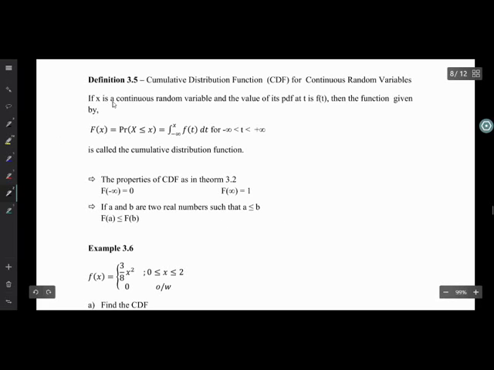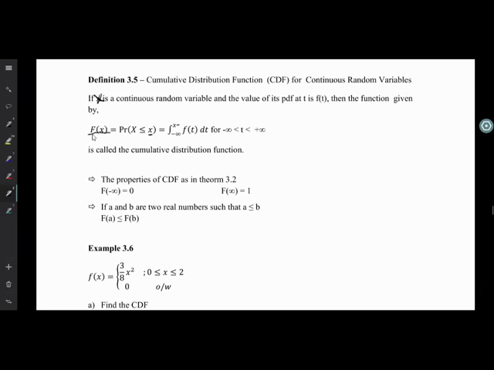So for a continuous random variable capital X, the value of its CDF at, let's say, x, the function given by capital F of x, is the probability X is less than or equal to x. Instead of the summation, now you have the integration. So if you integrate from negative infinity up to whatever this x is, you get the CDF at x.